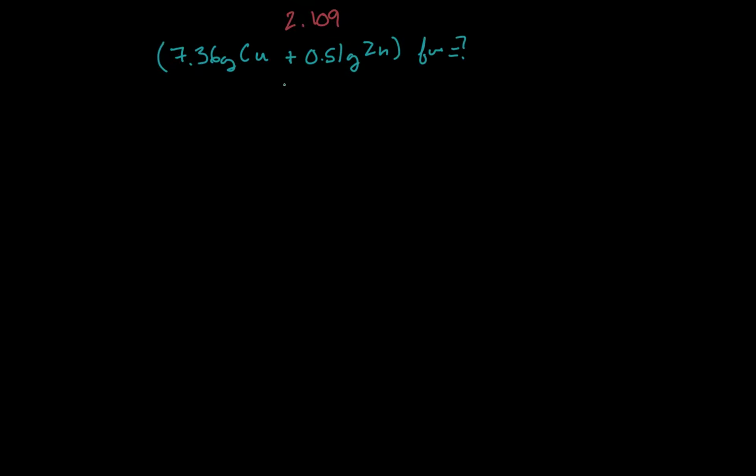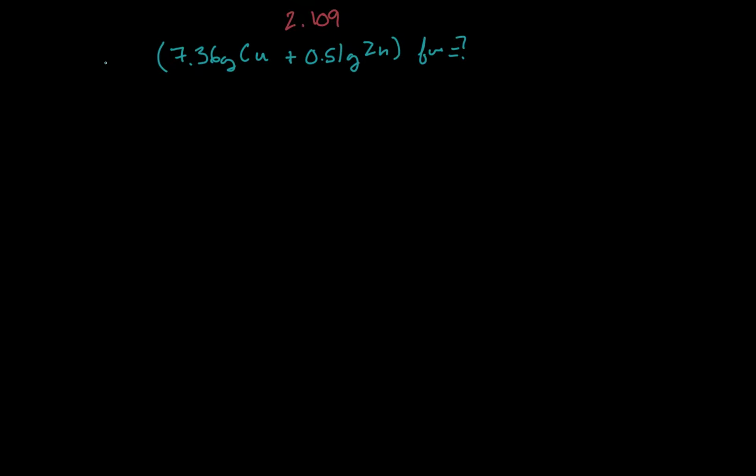So the way to do this is to get a percent molar composition of this alloy and use the percentages of both copper and zinc present in it to scale their molecular weights. The expression looks like this.